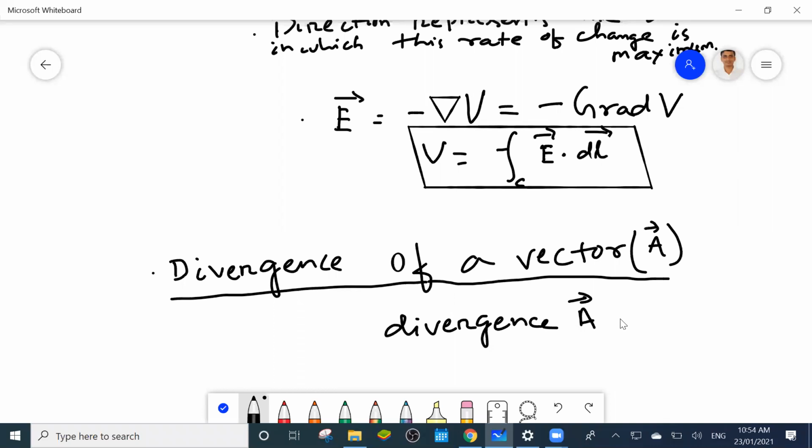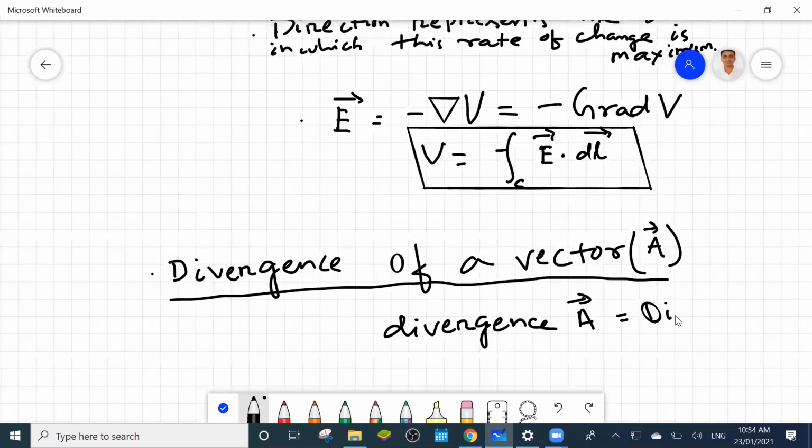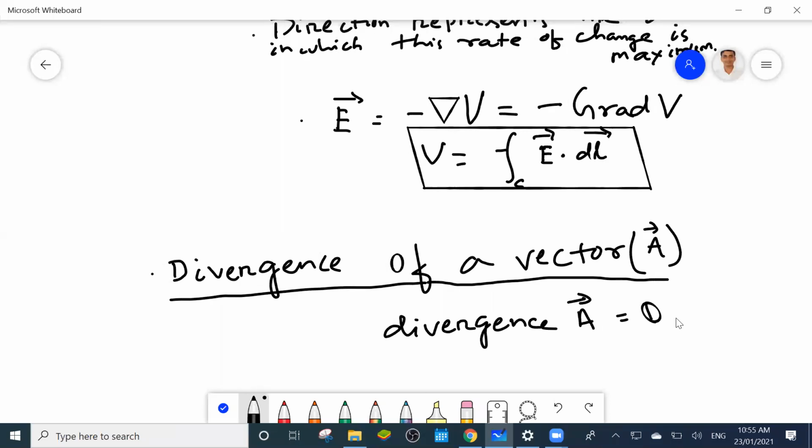So this is equal to what you can write? div of A, this is equal to del dot A. So this is the divergence notation.